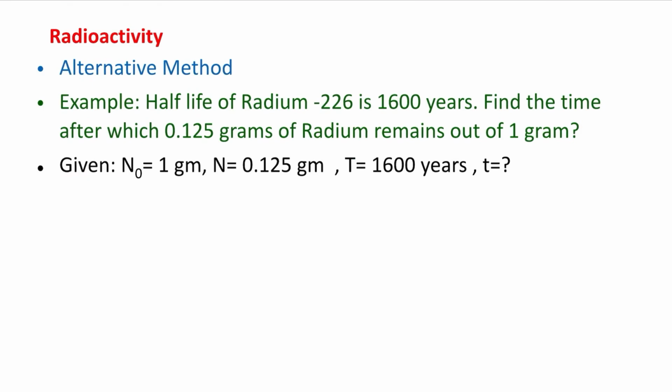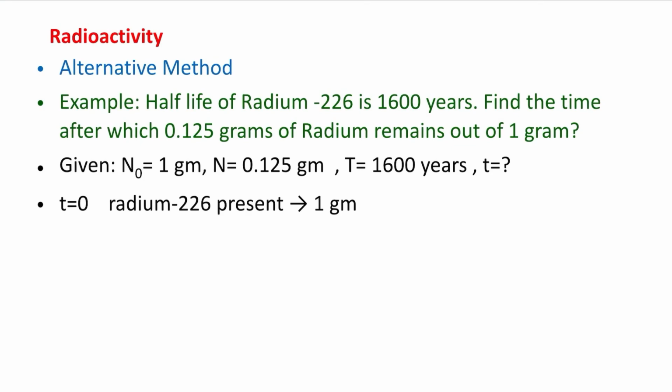Now the same problem can be calculated by an alternative method. Here some logical thinking is to be done. See, the example is the same: the half-life of radium-226 is 1600 years. Find the time after which 0.125 gram of radium remains out of 1 gram.